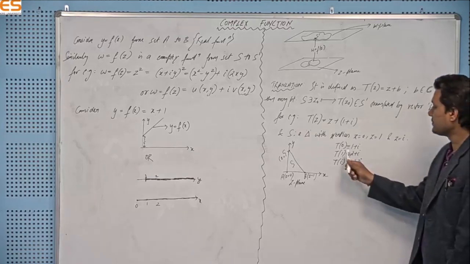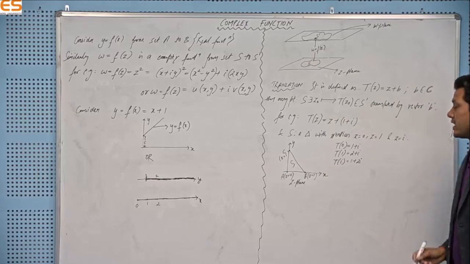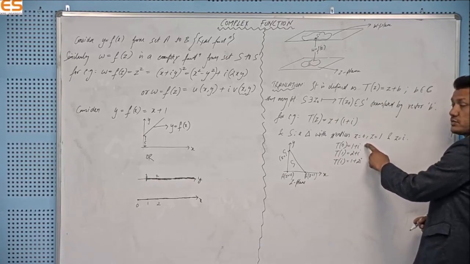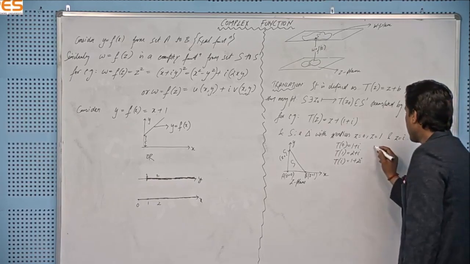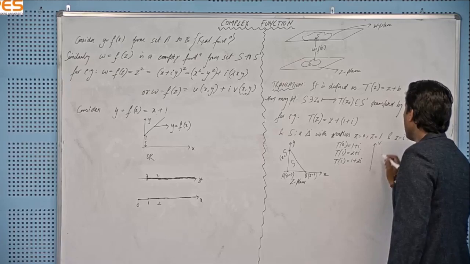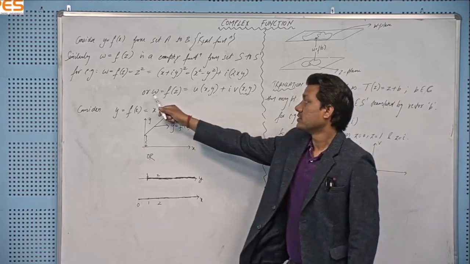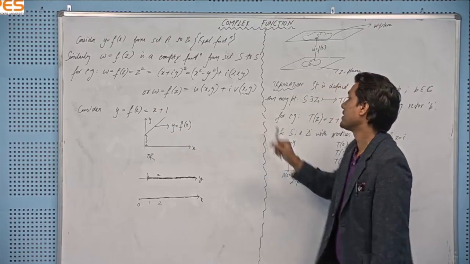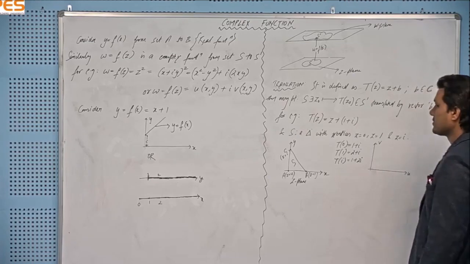So I have put these 3 points in my mapping, and these are my outputs. Now I will plot these points on my image plane, the W plane, consisting of u and v axes, and the function can be written as u plus iota v. This is the u axis and this is the v axis.